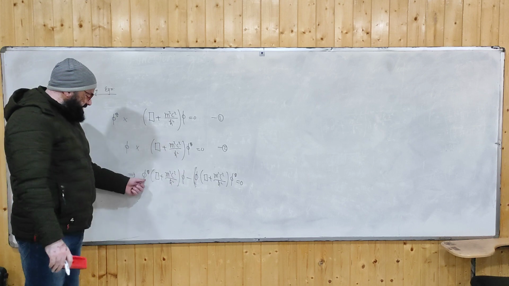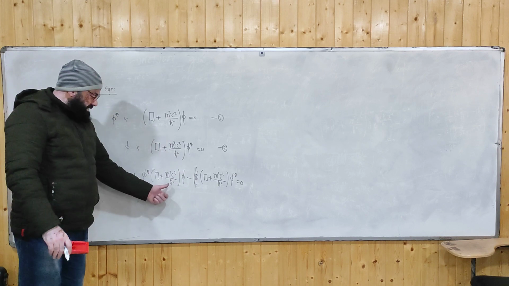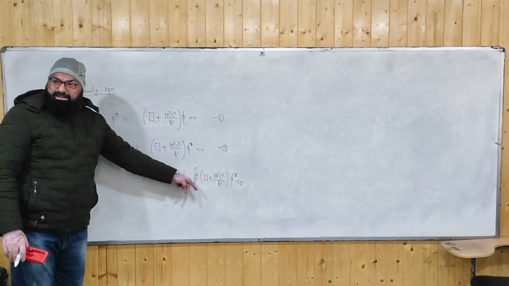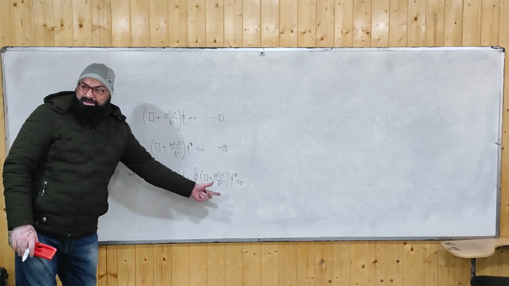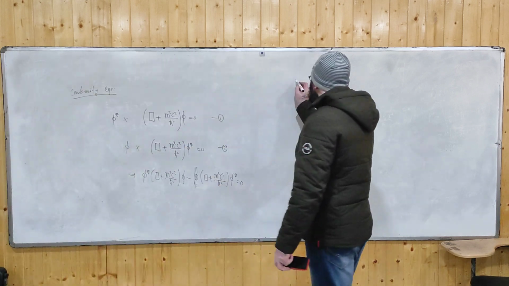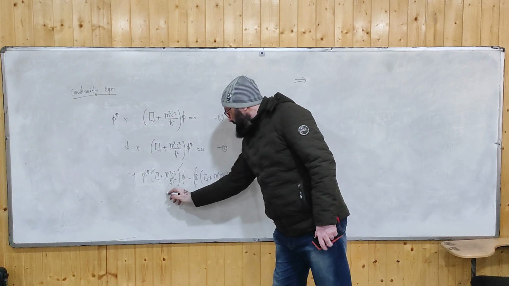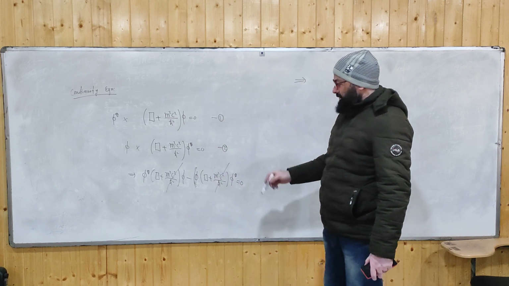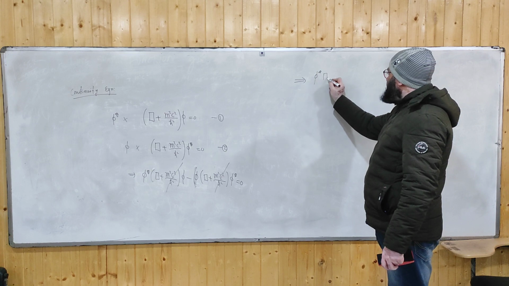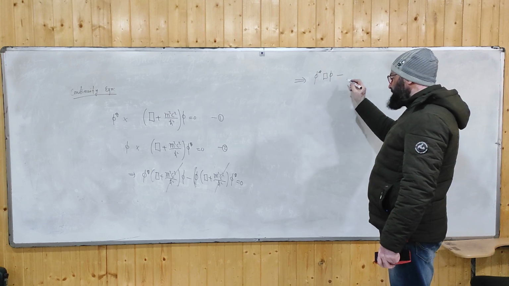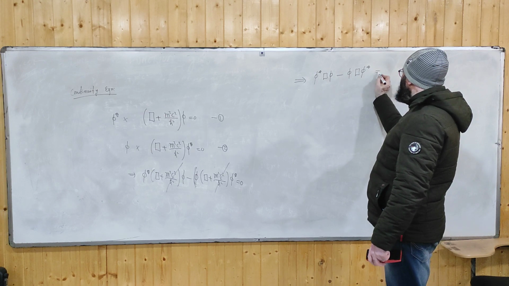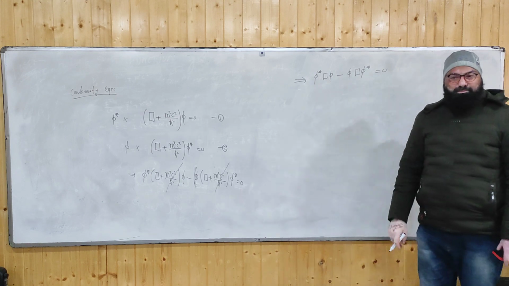Now you can see this term is the same as this term, so there is no problem, they cancel out. What you get is phi star box phi minus phi box phi star equals 0.